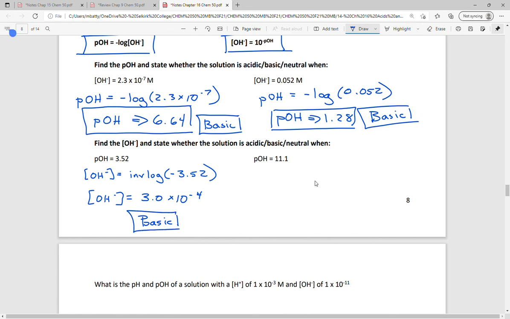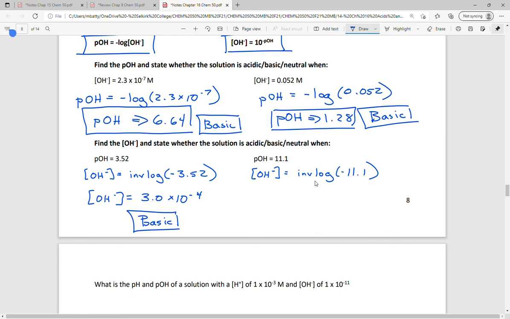The next one here, somehow I failed to do on my key. So I'll do this as quick as I can. Inverse log of negative 11.1. And now I have to fumble with my calculator. So second function log of negative 11.1.